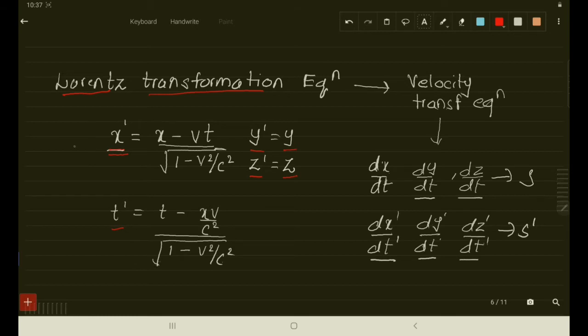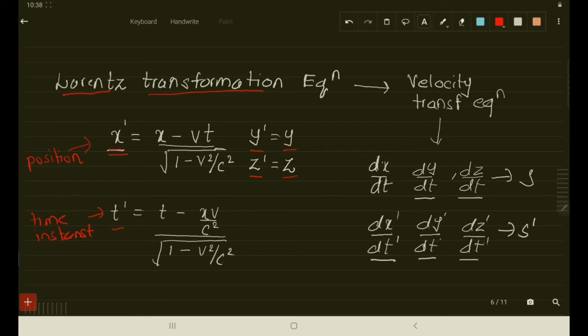Now we should remember that these are equations for time instance and position. x dash is for position and not for displacement, and t is for time instance and not for time interval. So we are going to use these equations to obtain the velocity transformation equations.